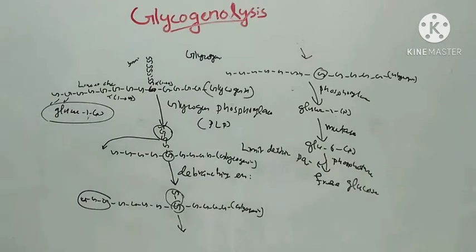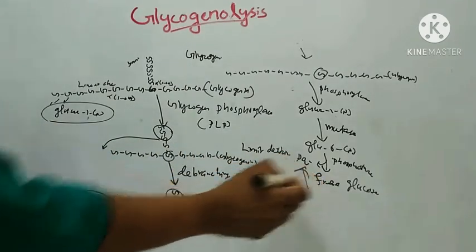That is the main point. This free glucose diffuses from cells to extracellular spaces including blood. This is the final step in hepatic glycogenolysis, reflected by a rise in blood glucose.